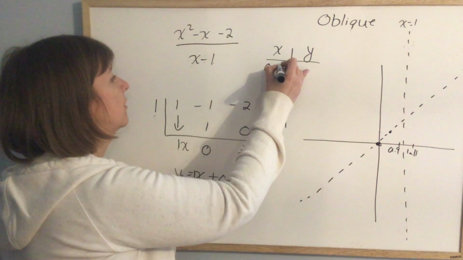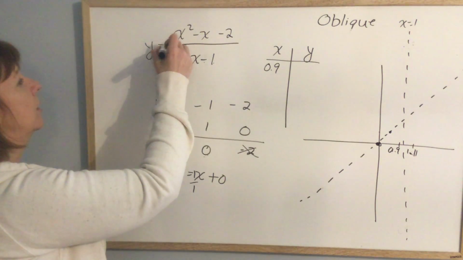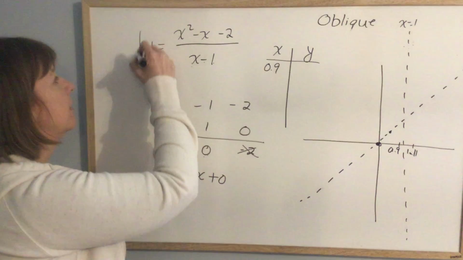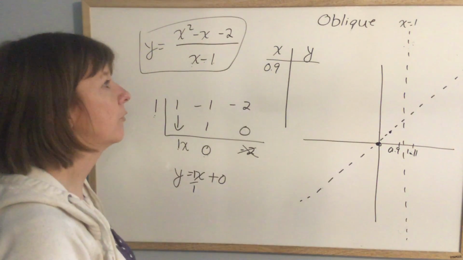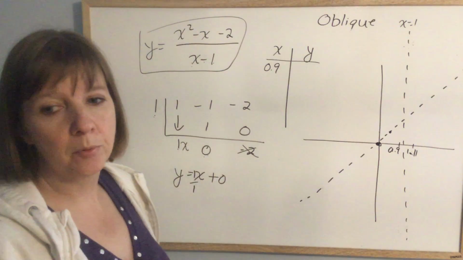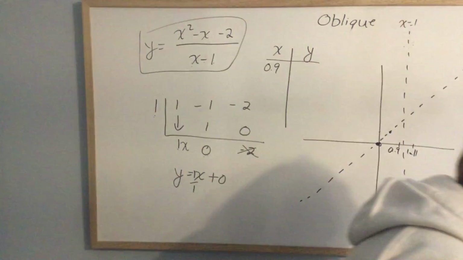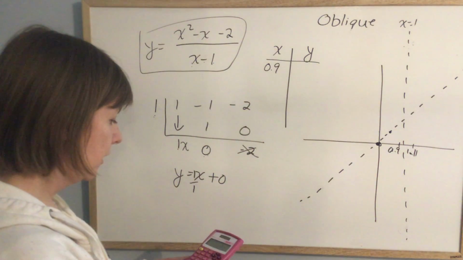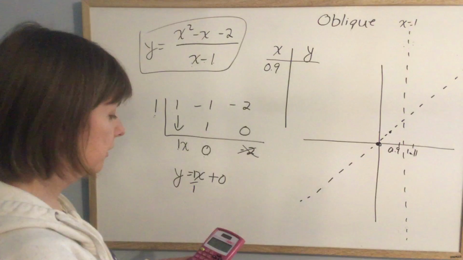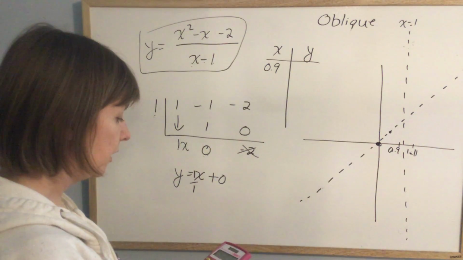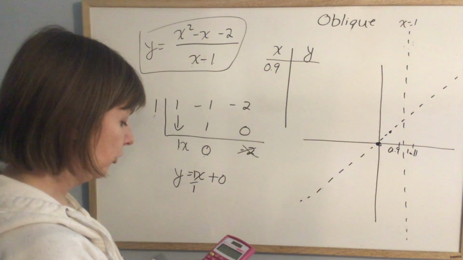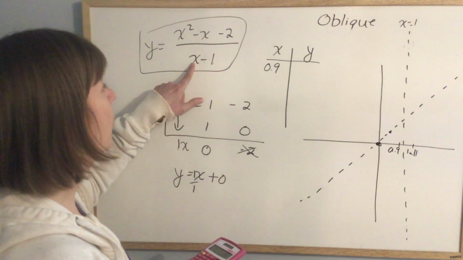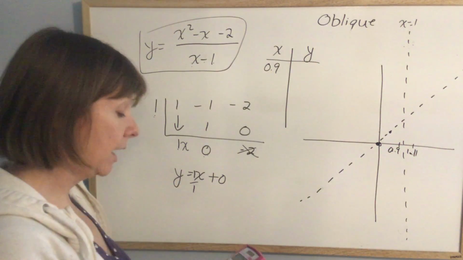So if I make my x 0.9, and this is the equation, y is equal to this is just the equation for my asymptote. This is the actual equation for graphing. If I put 0.9 in there, 0.9 squared minus 0.9 minus 2 on top gives me negative 2.09, and 0.9 minus 1 gives me negative 0.1.